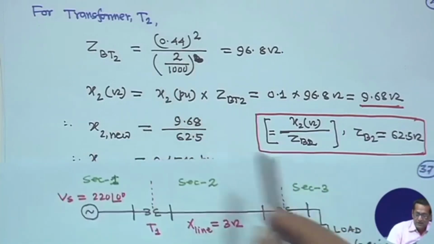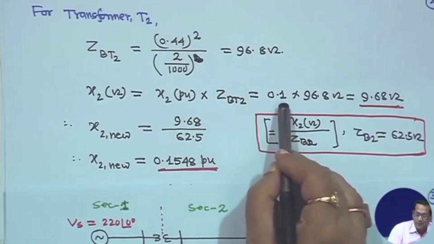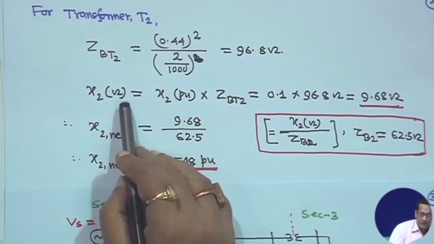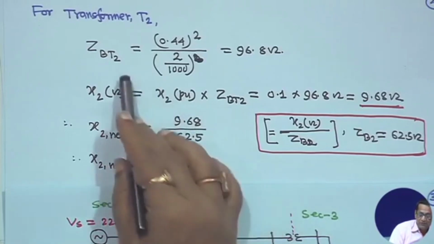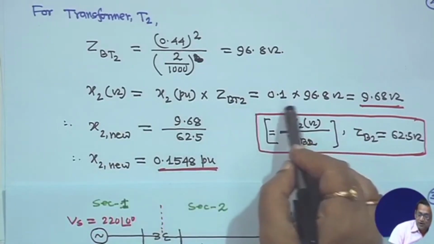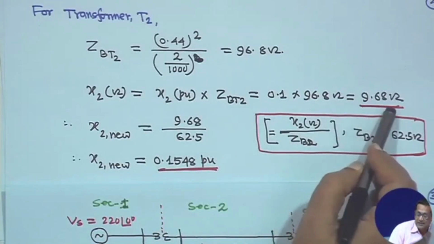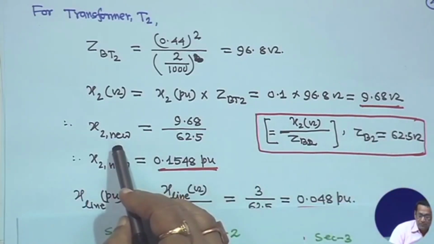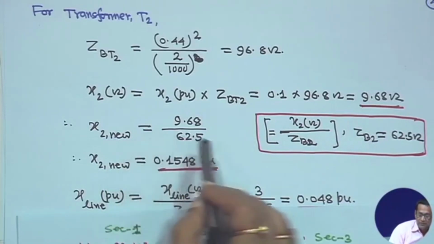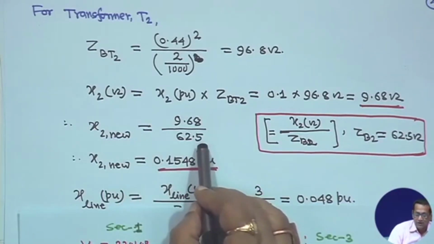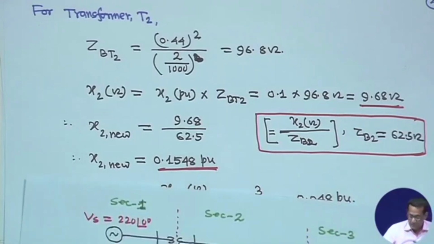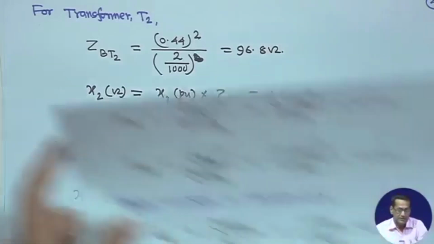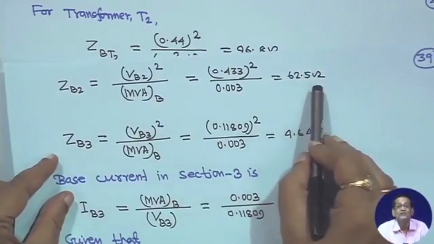Now, transformer 2's reactance is given as 0.1 per unit. Now, find out its ohmic value. So, x2 ohm is equal to x2 per unit into ZB2, that is 0.1 into 96.8, which is 9.68 ohm. That means x2 new is 9.68 upon the new base impedance. For section 2, ZB2 we have got 62.5 ohm.